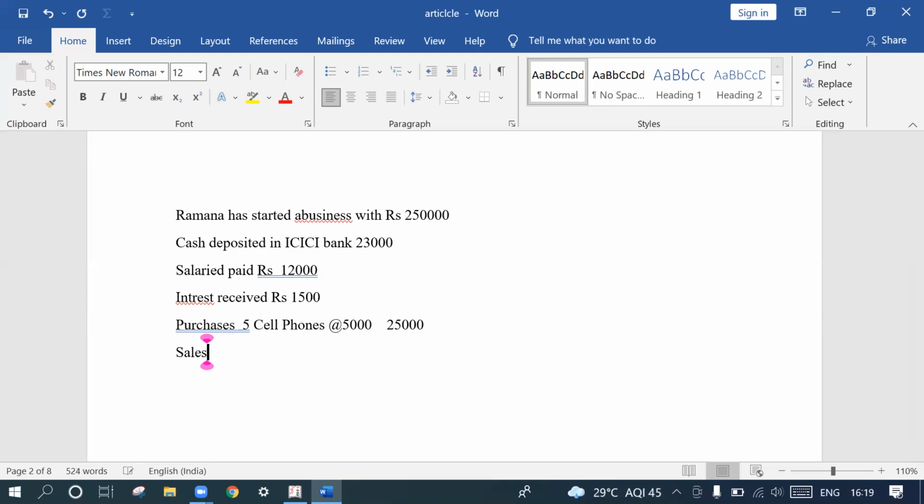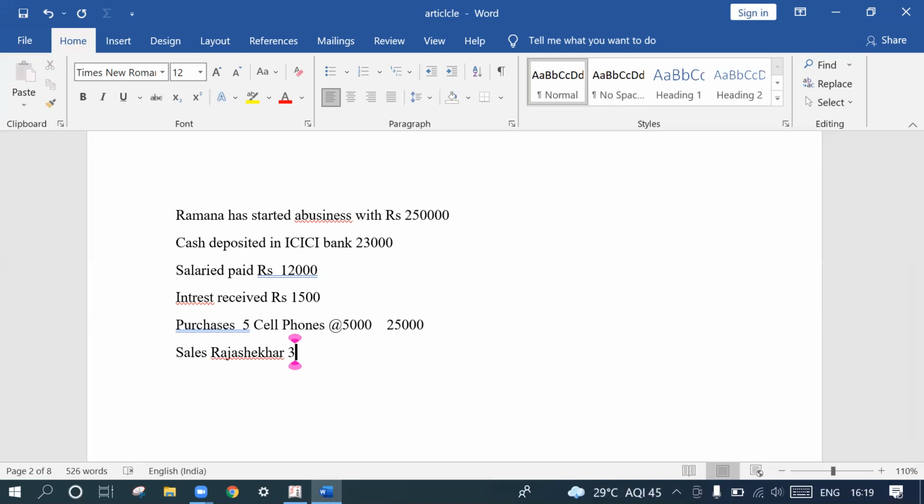Next, sales to Rajshekhar. Sales to Rajshekhar. Here stock is cell phones.